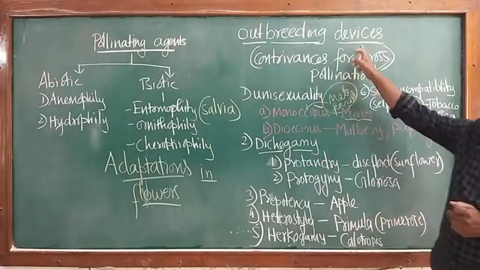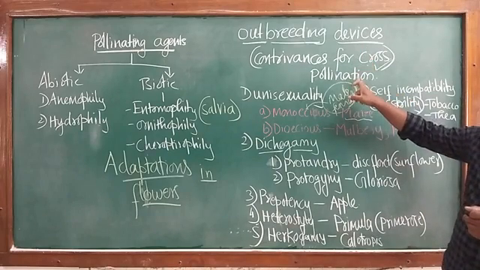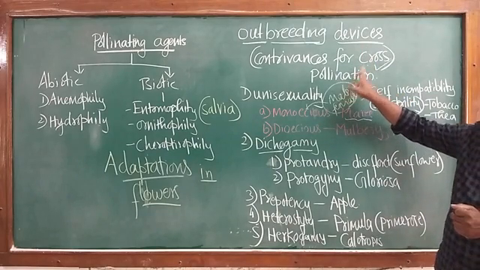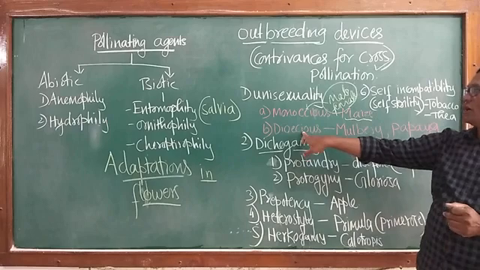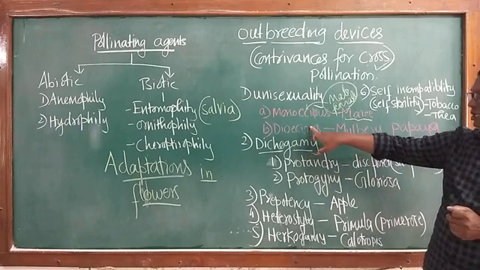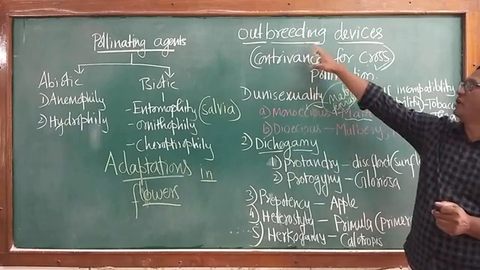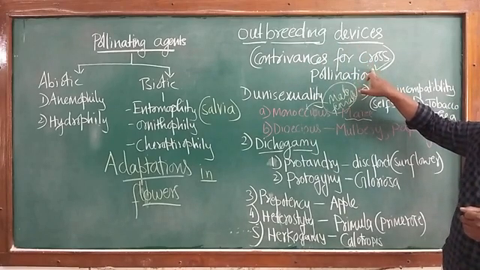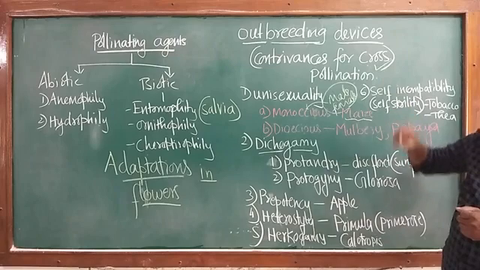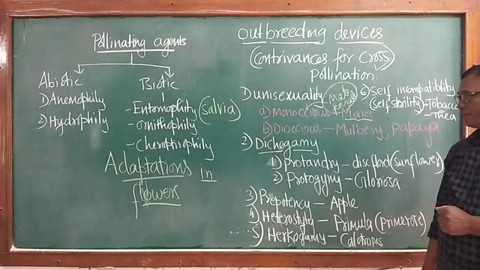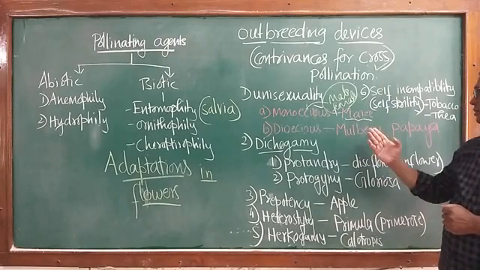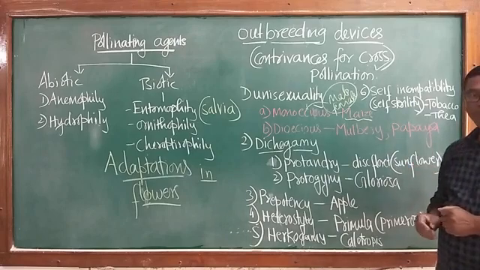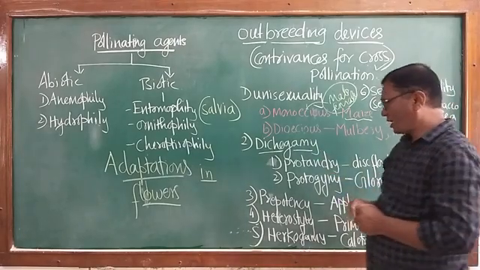There can be only and only cross-pollination or xenogamy. Hence, the dioecious condition is a compulsory outbreeding contrivance for cross-pollination. Examples, mulberry and papaya. Next is dichogamy.